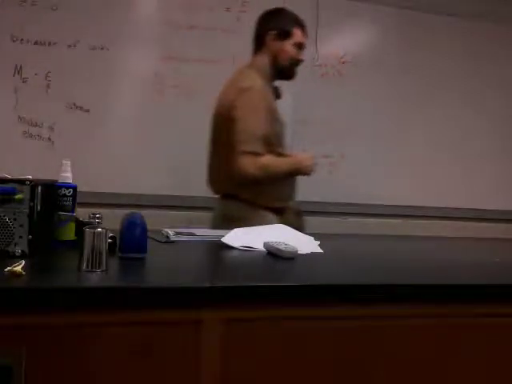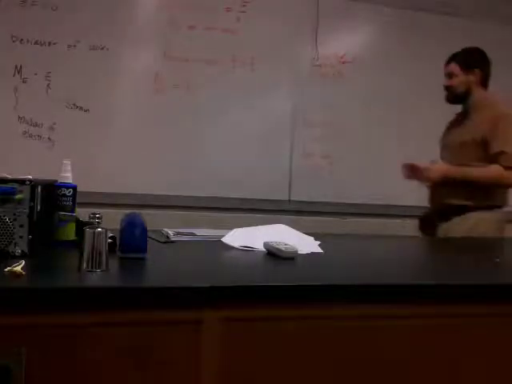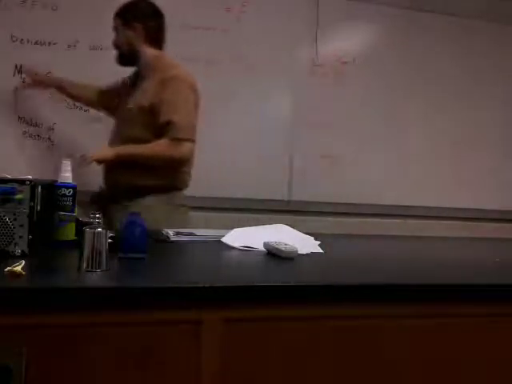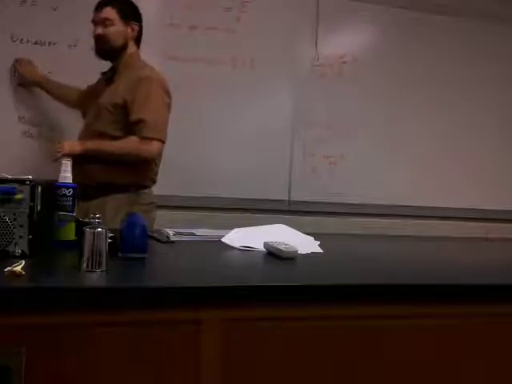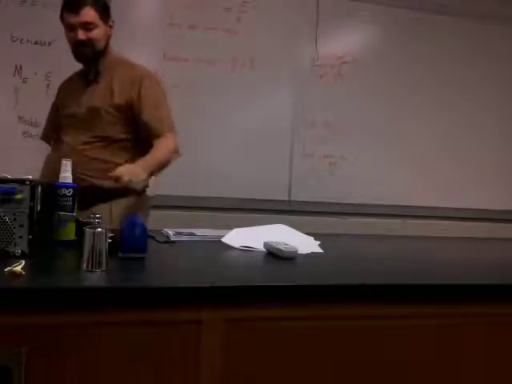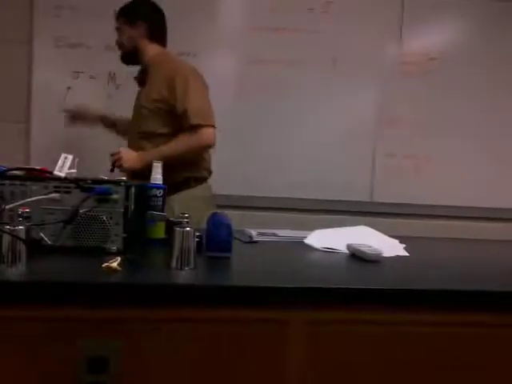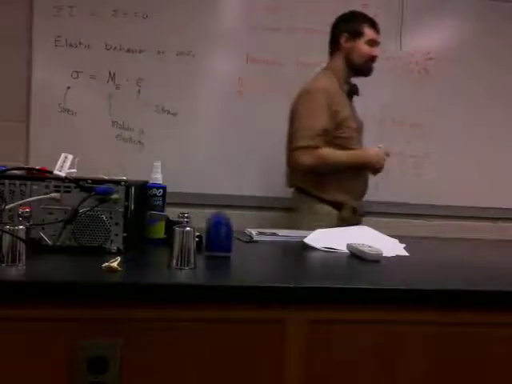I'm somehow making layers twist or slide against each other. And the equation in the linear regime is the same. We use a different number for this modulus, and it takes on slightly different meanings.